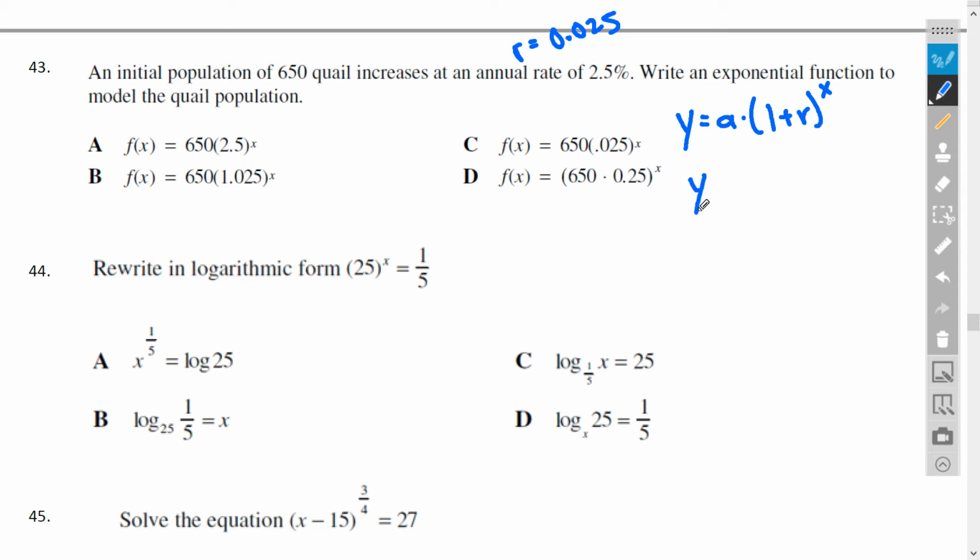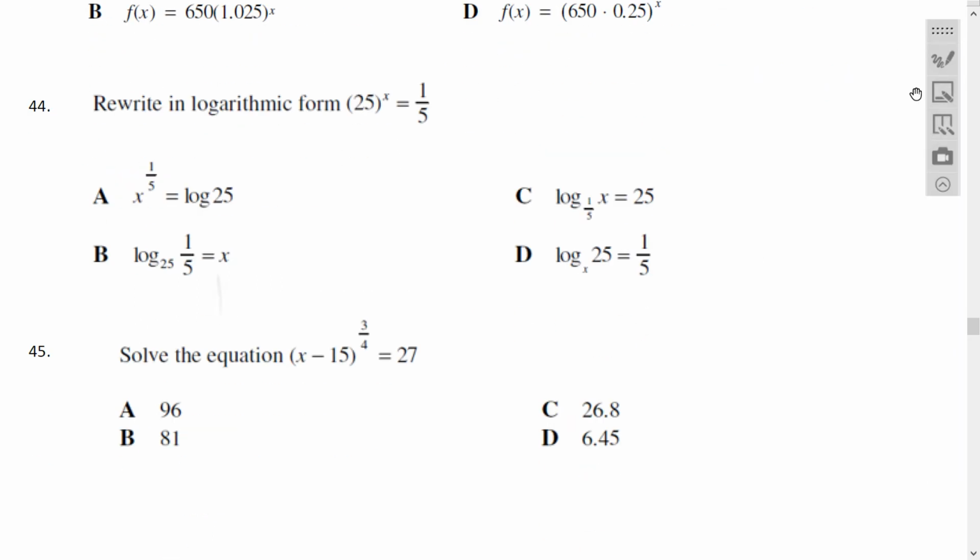So if we want to represent growth, we add that to 1. So that would be a, which is the starting amount, so 650, times 1 plus 0.025, so that's 1.025 to the x. So that is letter B, and that's an exponential equation.